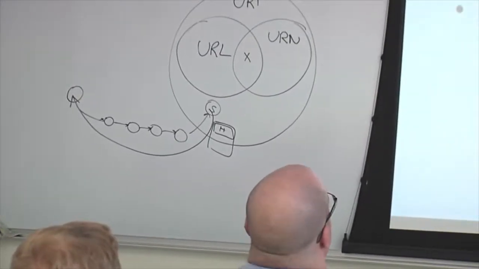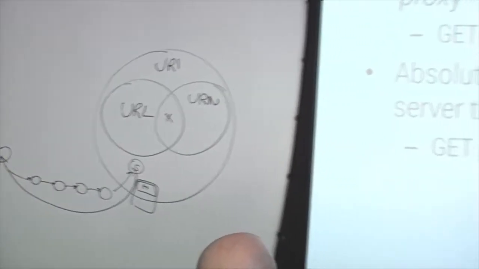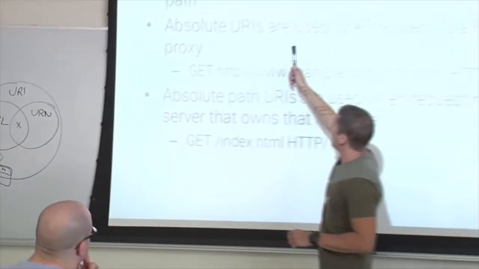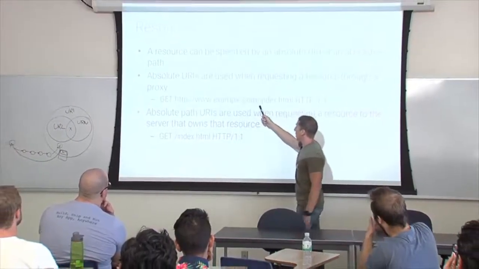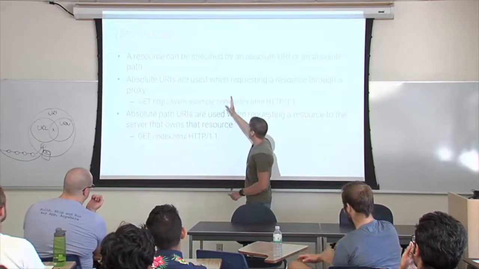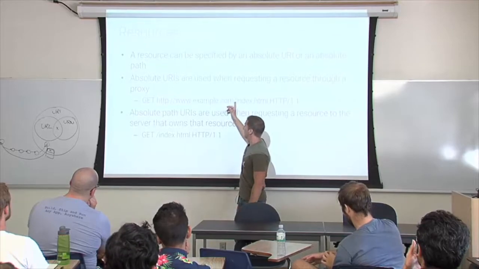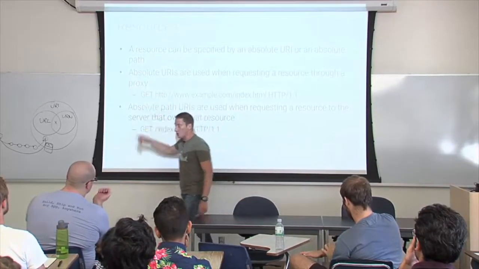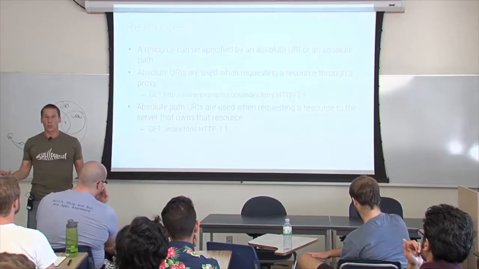Resources can be specified by an absolute URI. Or sometimes, when you're talking to a proxy, instead of specifying only an absolute path, you also have to specify the exact host that you want to connect to, because of course the proxy doesn't know where to connect.